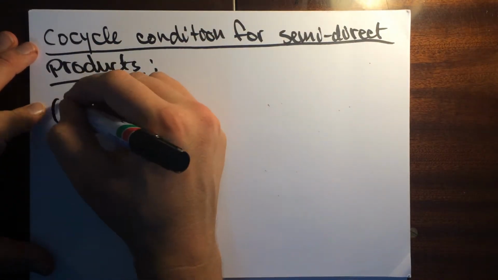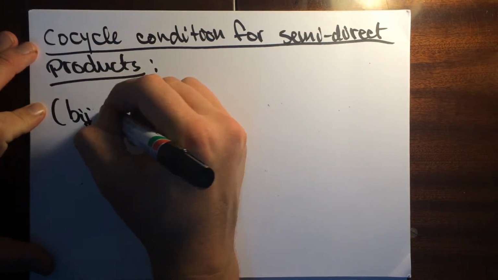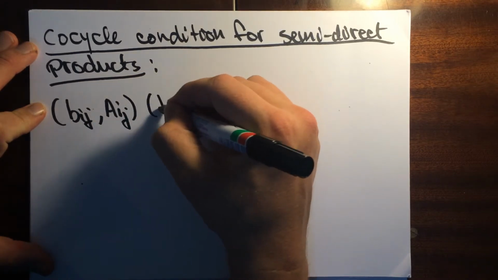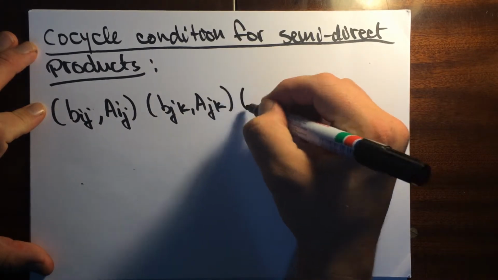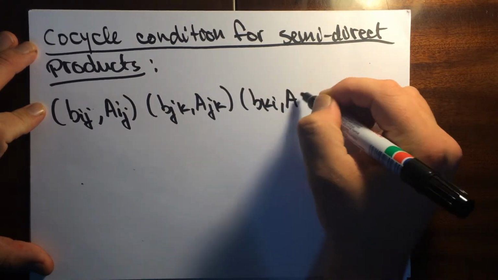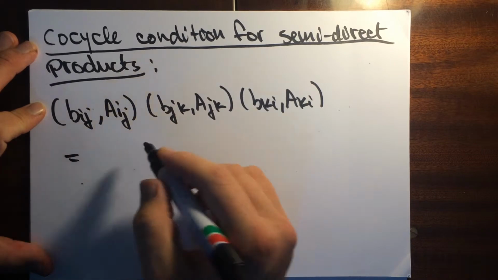Okay, so what we do is we just write it out: Bij, Aij, Bjk, Ajk, Bki, Aki.